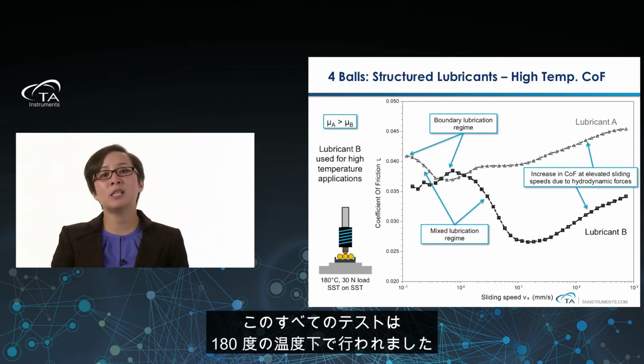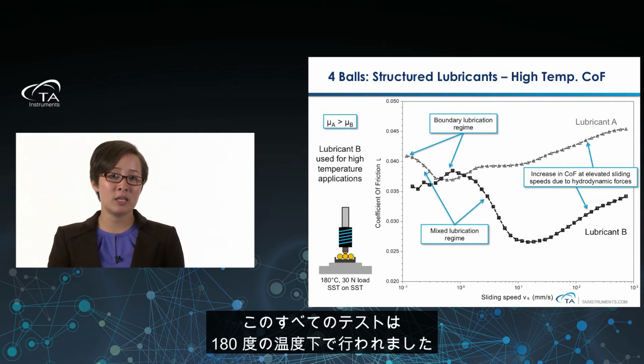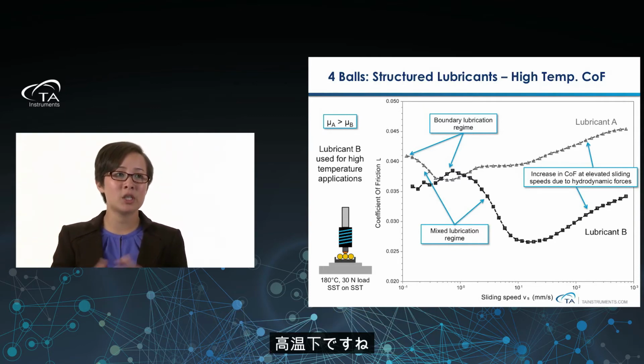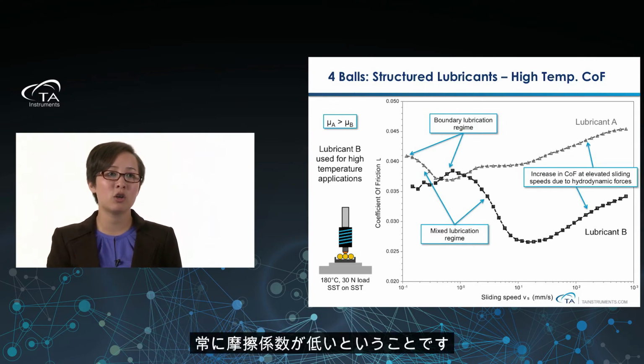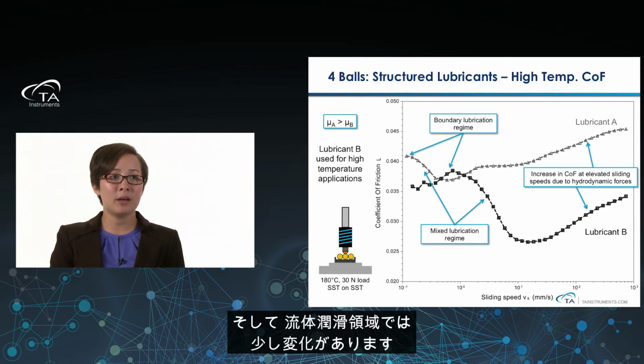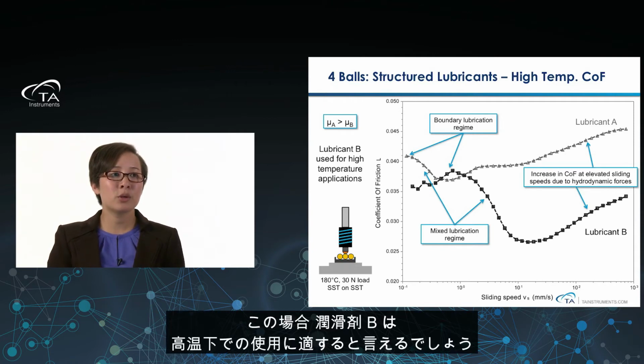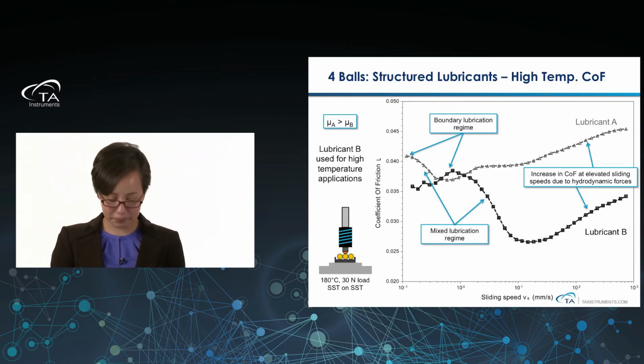And all of this testing was done at 180 degrees C, so now this is at elevated temperatures. What you could see is that lubricant B just has a constant lower coefficient of friction overall compared to lubricant A, and that the hydrodynamic lubrication regime is shifted out a little bit. So in this case, you could say that lubricant B would be better used for high temperature applications.